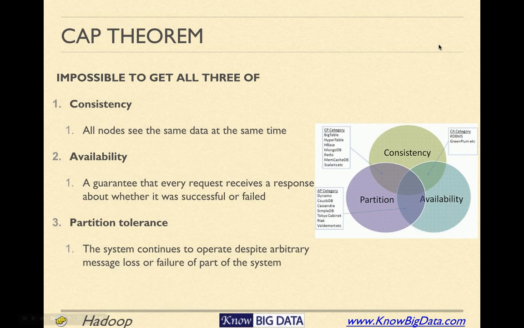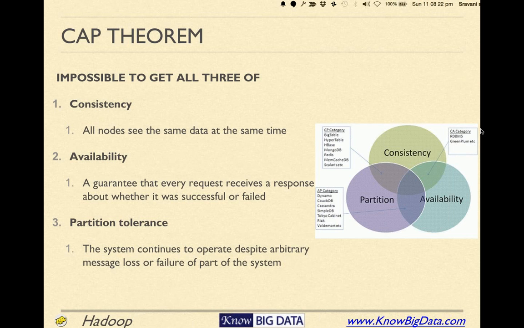So one of the researchers, Brewer, came up with the idea that out of consistency, availability, and partition tolerance, a system can only provide at most two, either C and A, or A and P, or C and P, not all three. I will try to give you a couple of examples explaining why it is not possible, and let's see if I'm able to explain that.